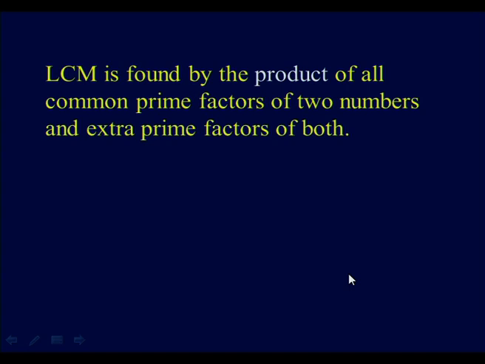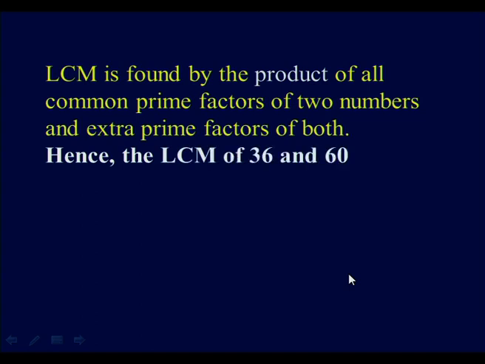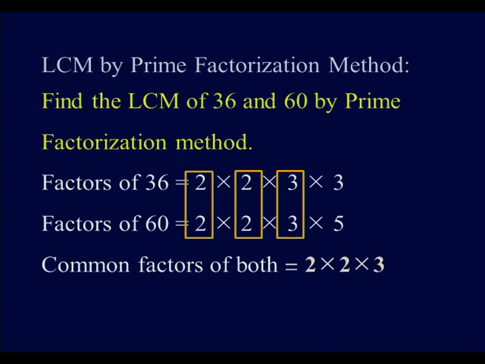LCM is found by the product of all the common prime factors of two numbers and the extra prime factors of both. So, you can see here the common factors are 2, 2 and 3, and in this slide you can observe that we have some extra factors, that is 3 and 5.